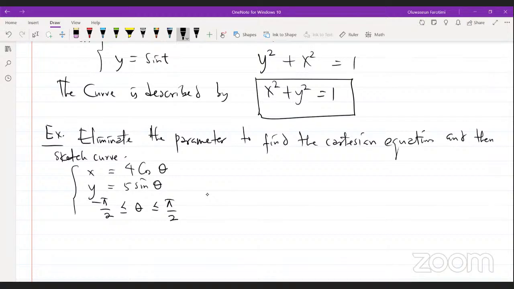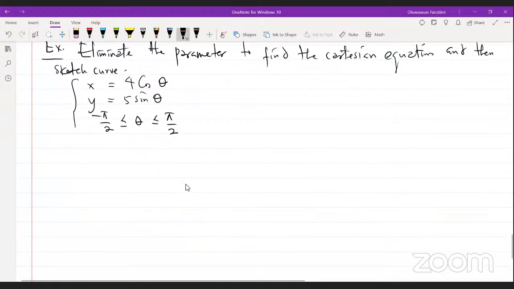What do we do, guys? This is another trigonometric identity coming into play over here. I have to think about a trigonometric identity, guys. Whenever it's a trigonometric function, you want to think about a trigonometric identity that combines the two things together. So this is cosine and sine. Of course, I know I have something like this: sine squared plus cosine squared equals 1. Start from the known to the unknown, okay?